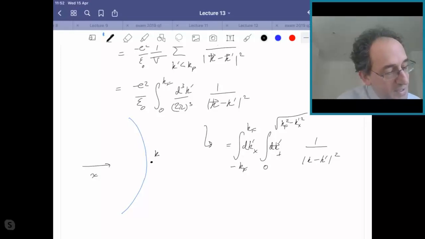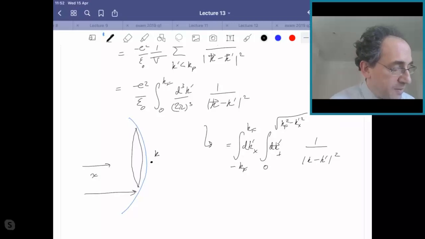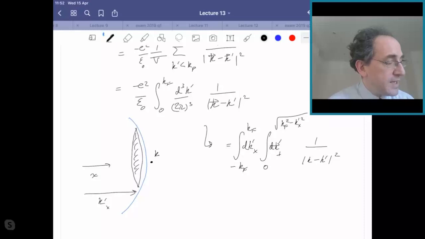So it's basically integrating over successive disks: that's a disk at some particular k prime x, and we're trying to integrate over that disk.